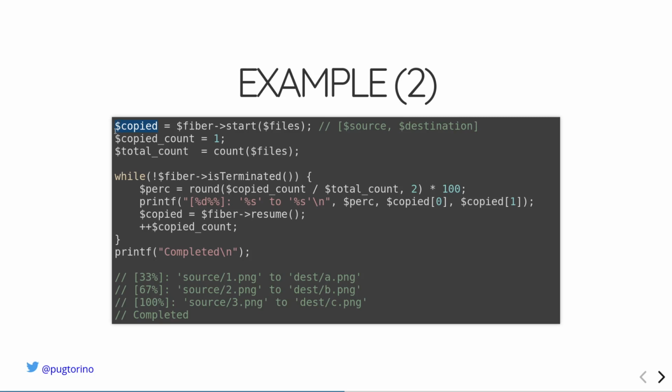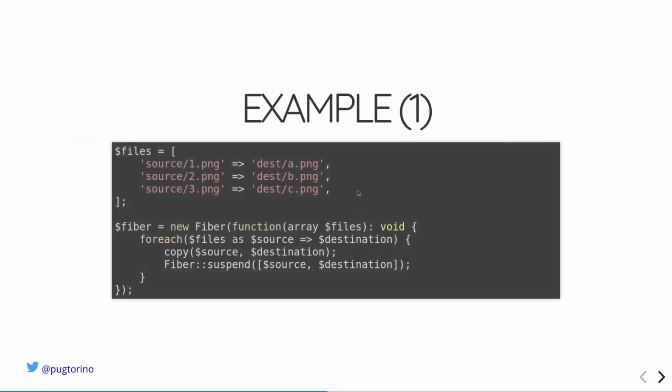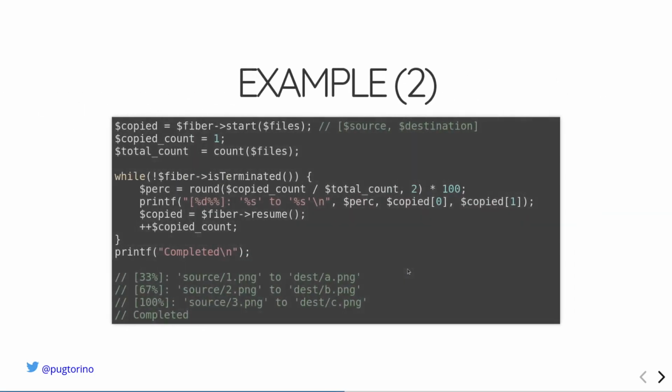This $copied will contain an array of source and destination, because if you go back to the previous slide, when we suspend, this is the value that we pass to the main execution code, and actually this is the $copied variable. So we set count to 1, we get the total of the files, in this case 3, and we can perform a while loop.